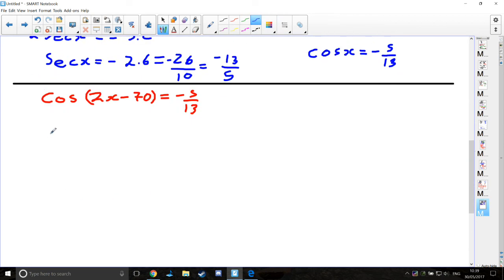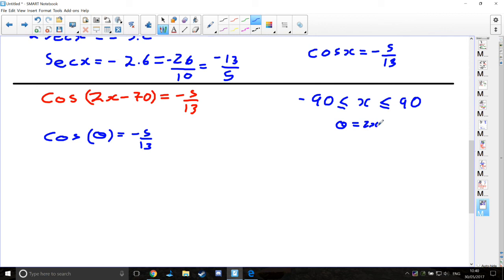So I'm going to say cos of theta is negative 5/13. We have our range, which is minus 90 to 90 for x. Let's work that out in terms of theta. Well, theta is 2x minus 70, and that must mean that x equals theta plus 70 all divided by 2.